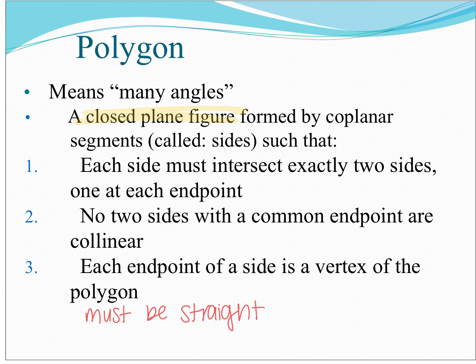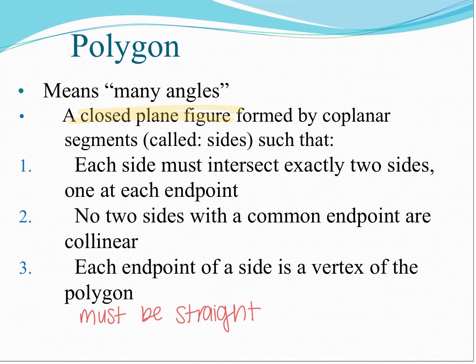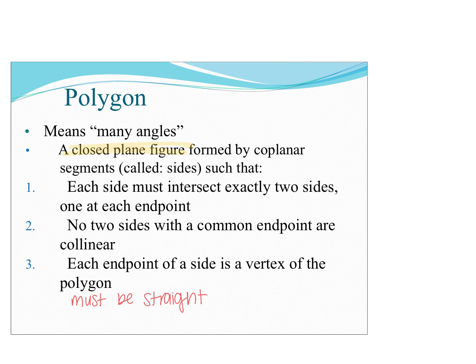Each side must intersect exactly 2 sides, one on each endpoint. So what does that mean? If I have a polygon, I'm going to draw it right next to it. Let's say it's a rectangle, I cannot have anything intersecting my sides, okay? This is not a polygon. Why?